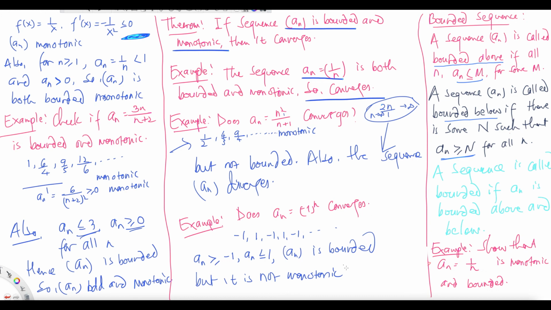So you see that this sequence does not converge, right? a_n diverges. Alright, guys, so this is how we use monotonicity and boundedness for the convergence or divergence of a sequence. Okay, guys? Alright.